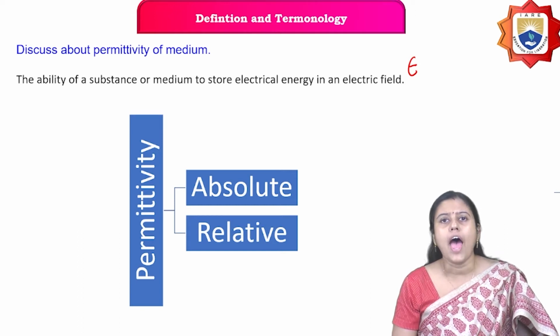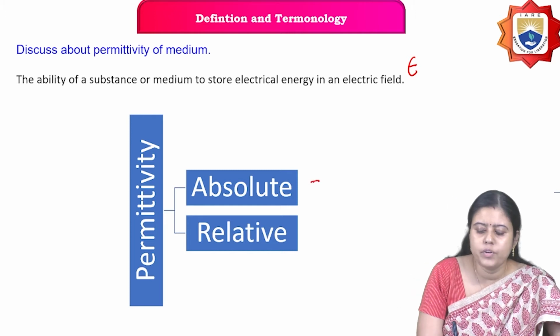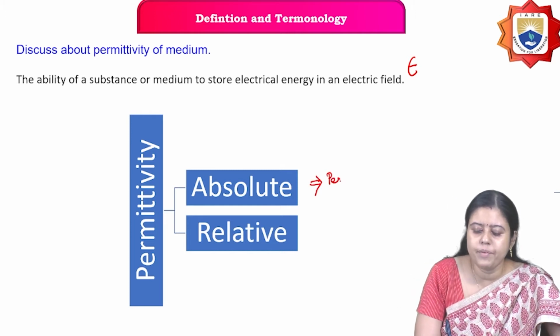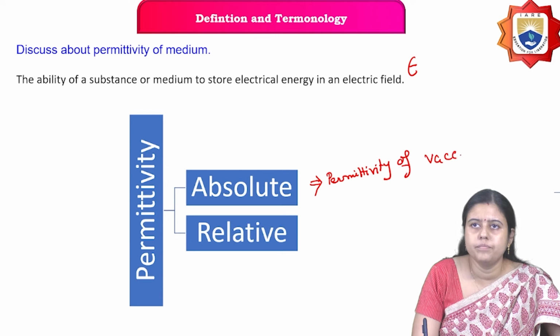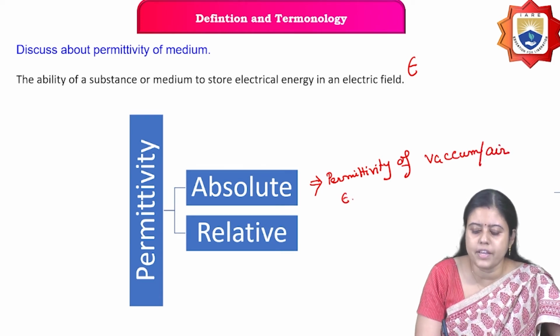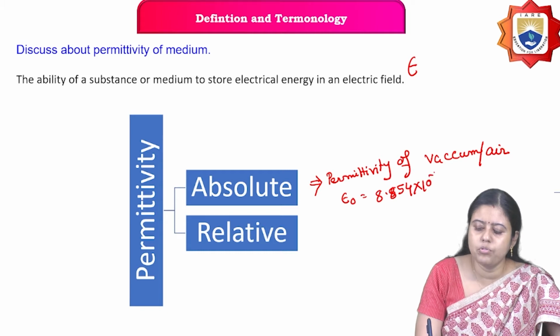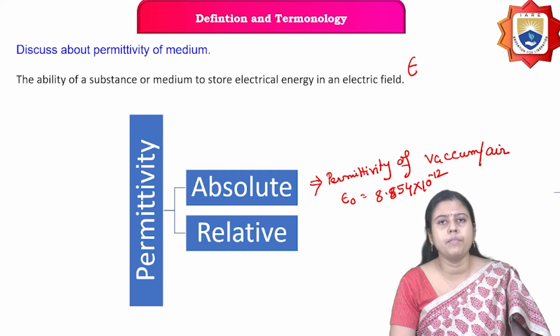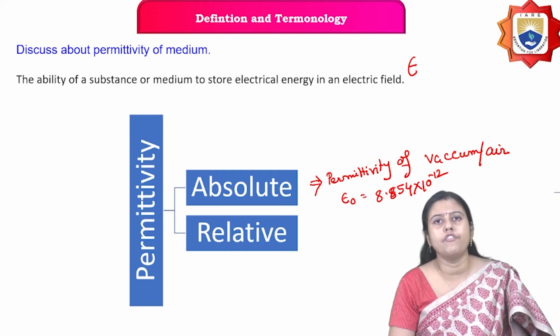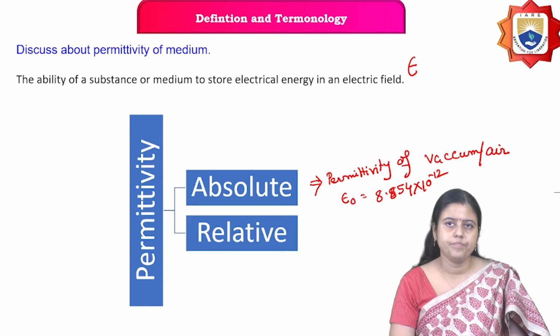One is the absolute permittivity, which is the permittivity of vacuum or air, written as epsilon 0, and we write it 8.854 into 10 to the power minus 12.